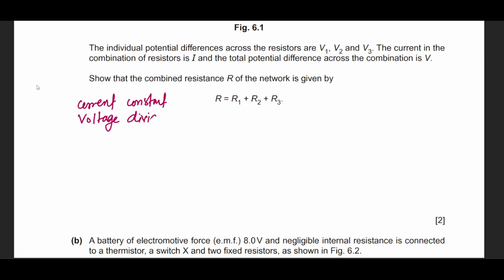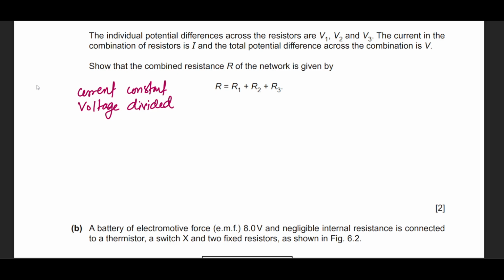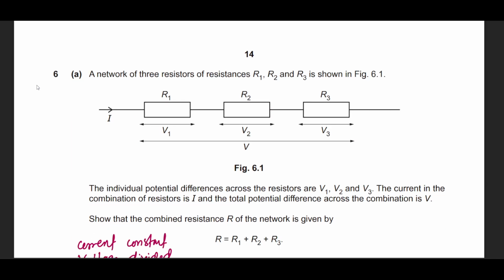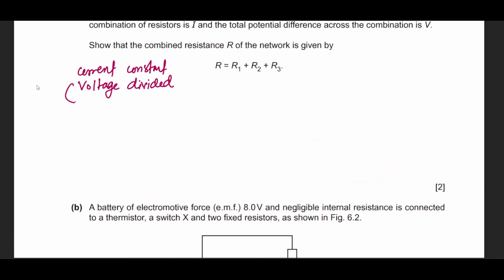Voltage is divided among all the resistors, right? Okay, so what I can say is that if this is V1, then V1 plus V2 plus V3 will be equal to the battery voltage, which is VB. Starting from this point that voltage has been divided, we say that the total voltage of the battery will show up across the three resistors.